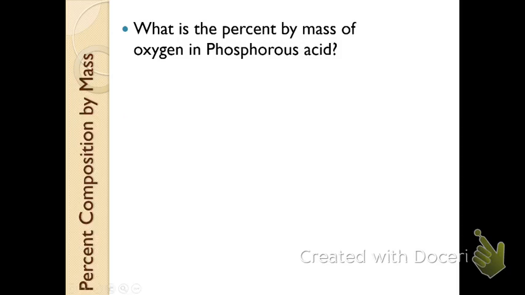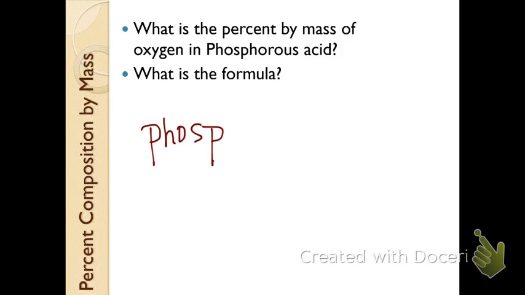Okay, the percent by mass of oxygen in phosphorous acid. This is another formula you should know, or we're going to go through with you. So we have phosphorous acid. This is one of those acid names. Remember that special acid naming?